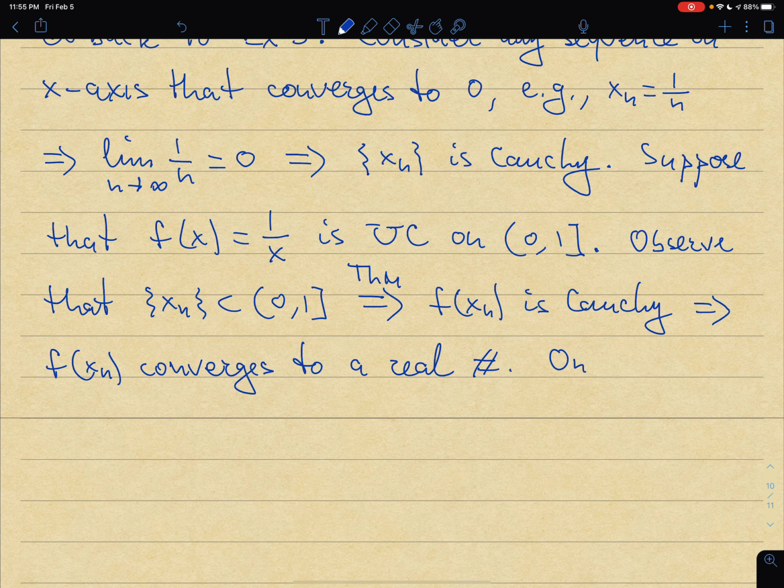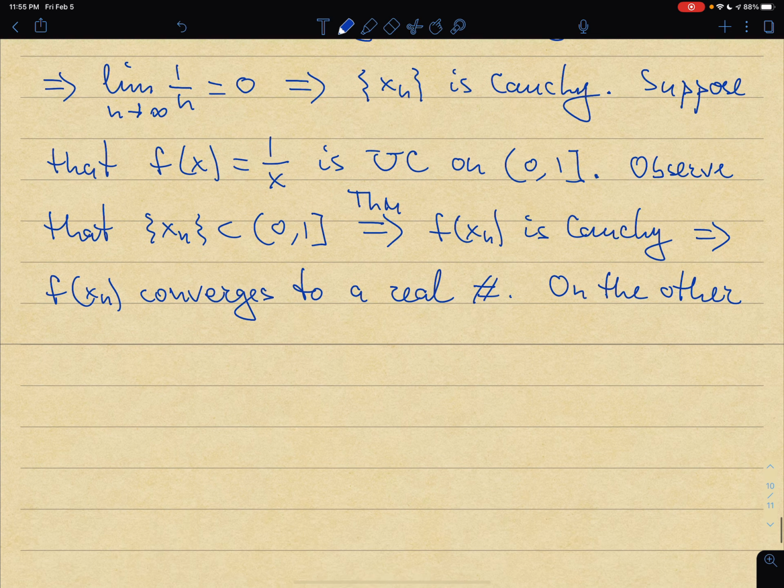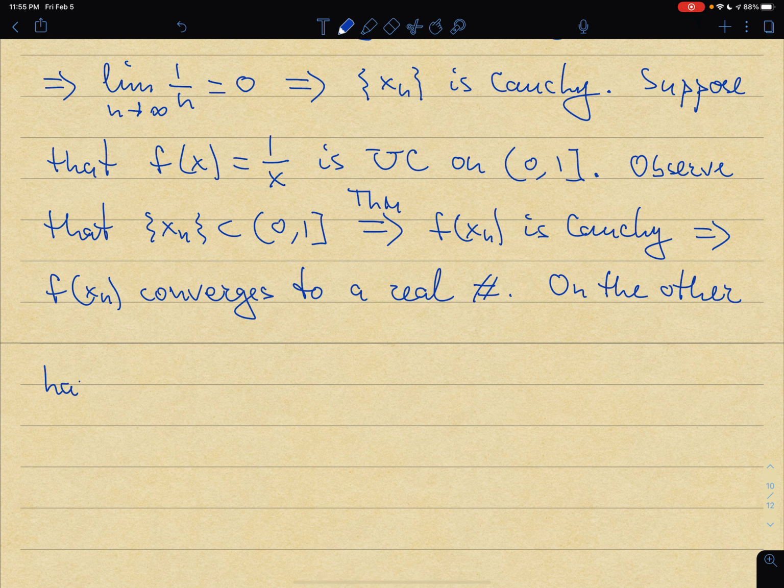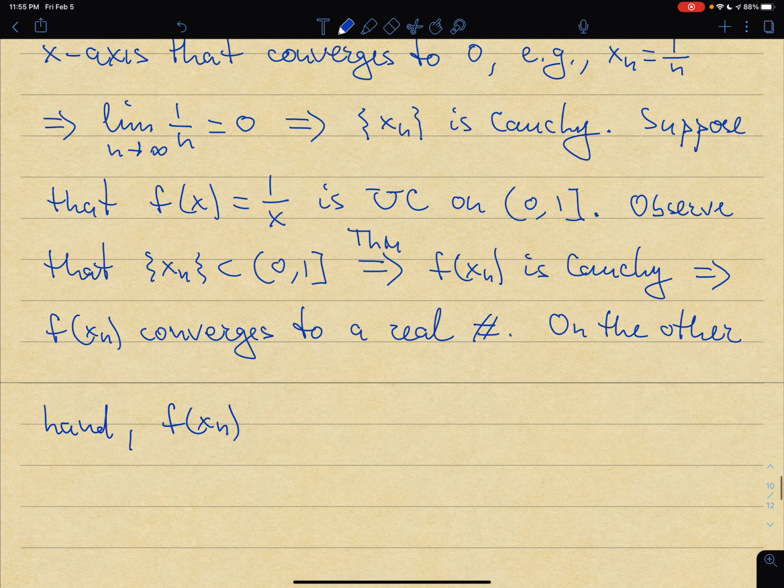But on the other hand, what is f of xn? In this case, I know exactly what f is, and I know what xn is. xn is 1 over n, and f is 1 over x.